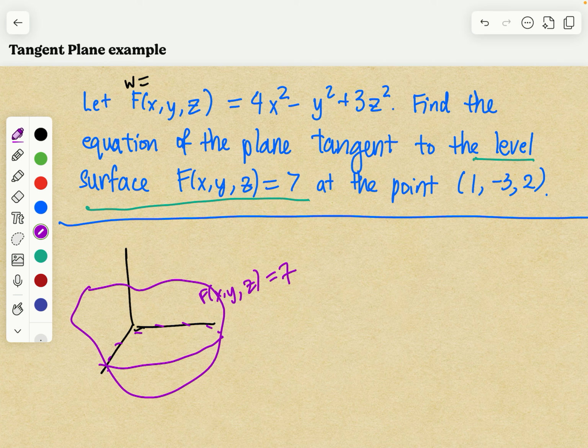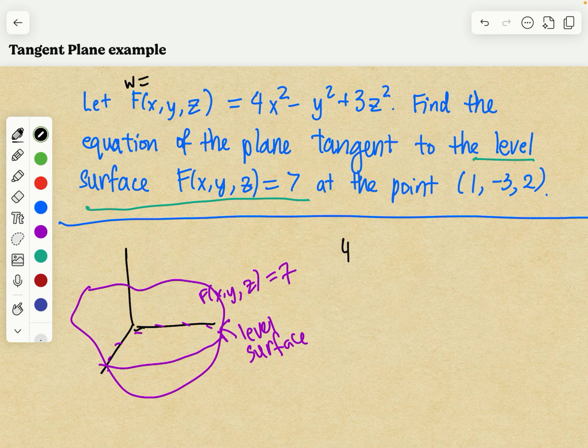And it says, find the equation of the plane tangent to this surface. So this is our level surface, at the point 1, negative 3, 2. Let's check that the point 1, negative 3, 2 is actually on the surface. When you plug in 1, negative 3, 2, do you actually get that capital F has the value 7?